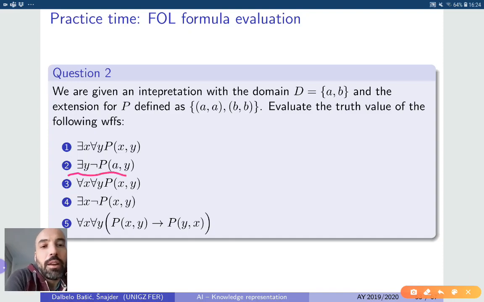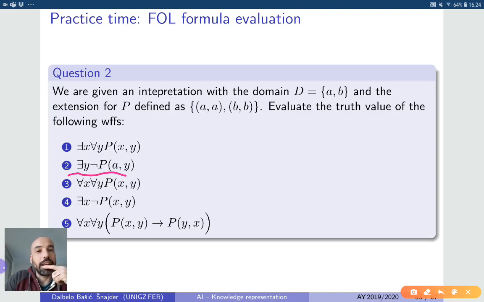Let's look at the second formula here. There exists y such that not PAy is true. Let's try with y being a. If y is a, then I would have not PAA, but PAA is true because it's in the extension of P, and therefore not PAA is false.